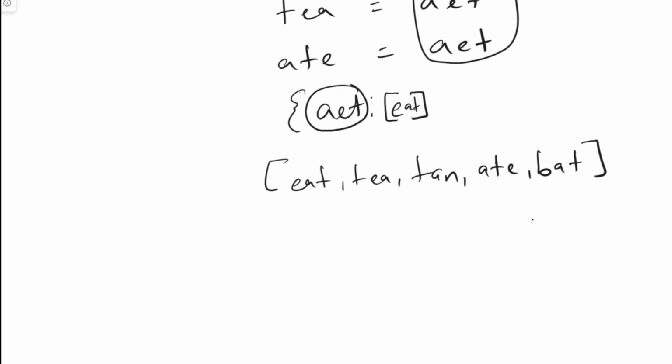And then we have our hash map. So first we're going to sort eat. We get AET, and then we're going to put that into our hash map, AET, and it's going to have the word eat. And then we see that tea, we sort it, it's already within the hash map, so all we have to do is add it to the pre-existing list that we have.